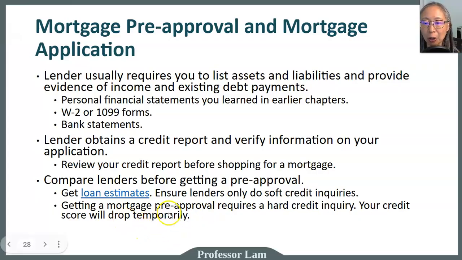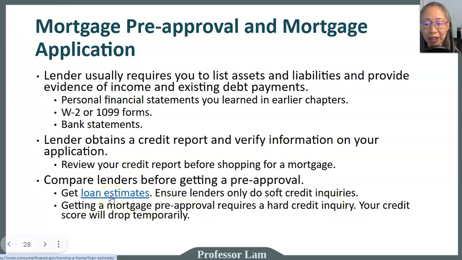But if you decide to go with a different lender, for example, because you did not like the lender that you got the pre-approval from, the next lender may be looking at a slightly lower credit score. So you want to be sure that you are happy with the terms that you're given before you get a pre-approval.